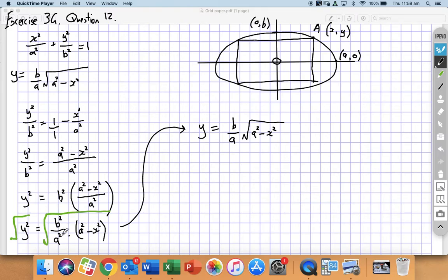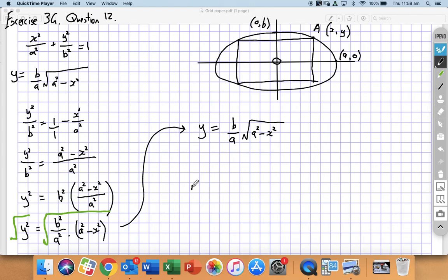This first part, the b squared on a squared, that's the same as this. So whenever you're multiplying or dividing inside a square root, you can go ahead and take the square root. That's fine.